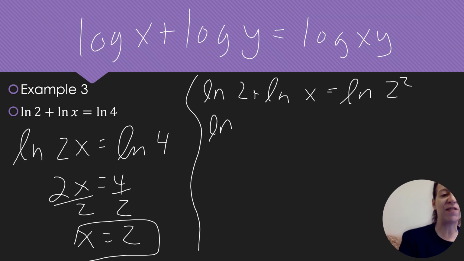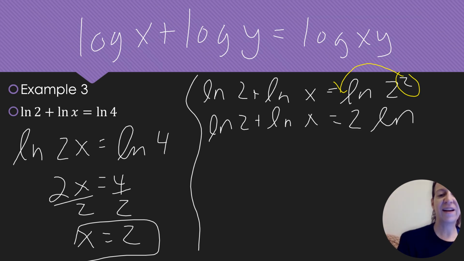Now everything on the left stays the same. And they're going to use the property that allows you to bring the coefficient down front. Okay, and they get 2 natural log 2. Then they subtract the natural log of 2 from both sides.